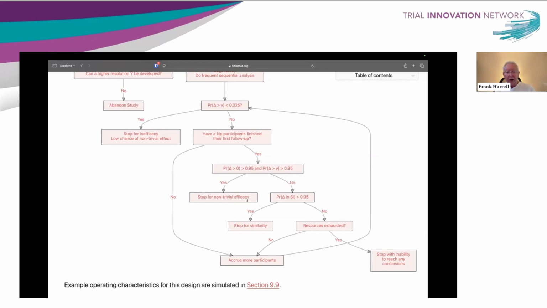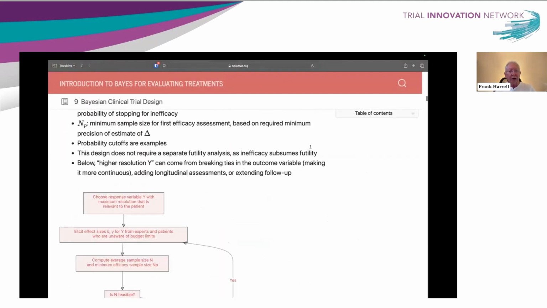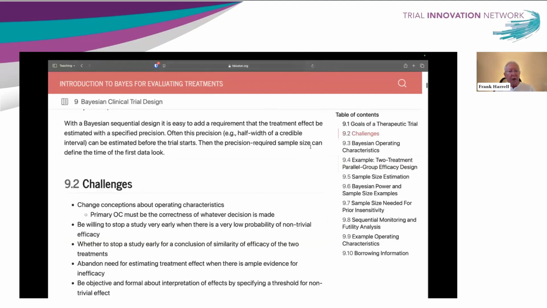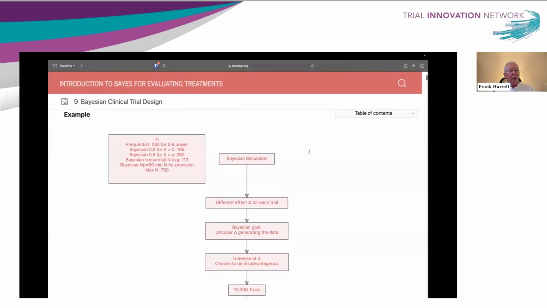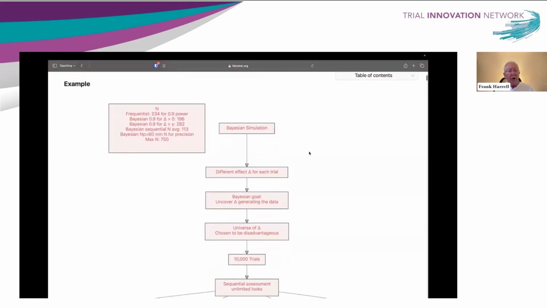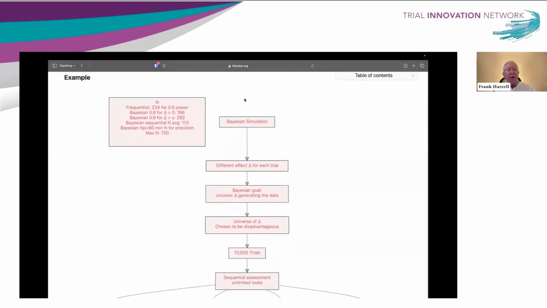So now let's actually simulate this design in 10,000 randomized trials, and just to show what are its Bayesian operating characteristics. So I'm going to go back up here. So the way this design played out, we're comparing two means, and we're not doing covariate adjustment like we really should.